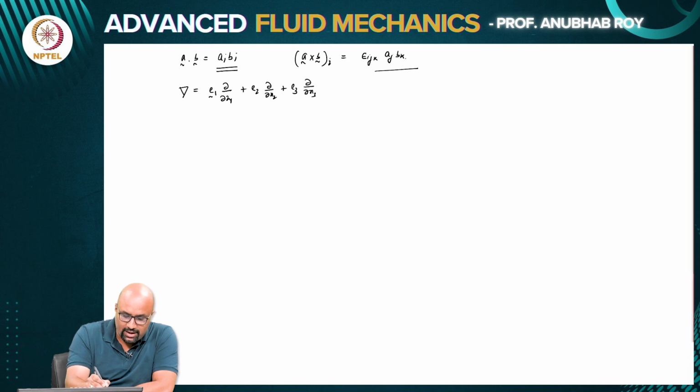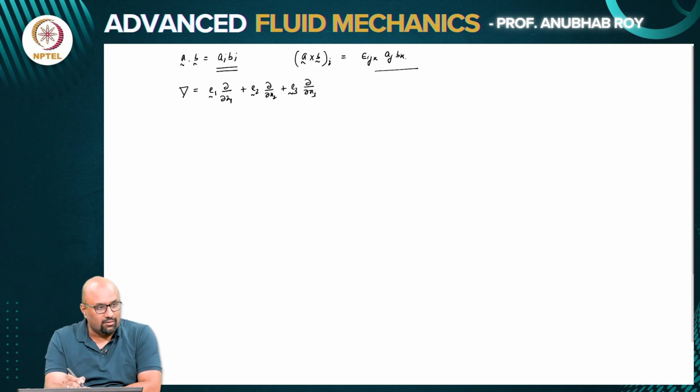Each of these, again I am not using the vector sign for the unit vectors always, but each of these are components that are along the 1 direction, 2 direction and 3 direction.